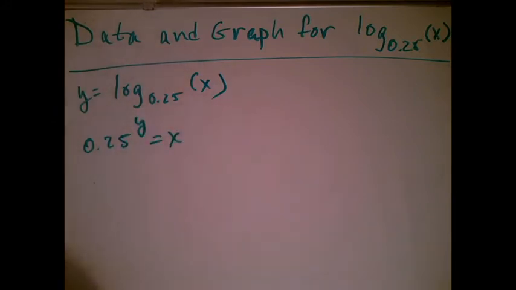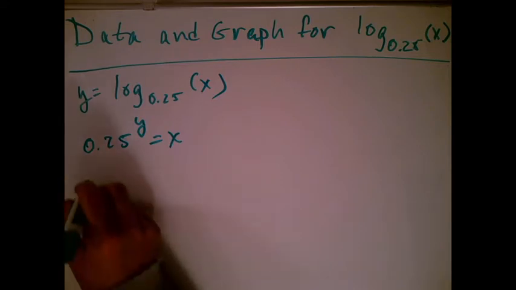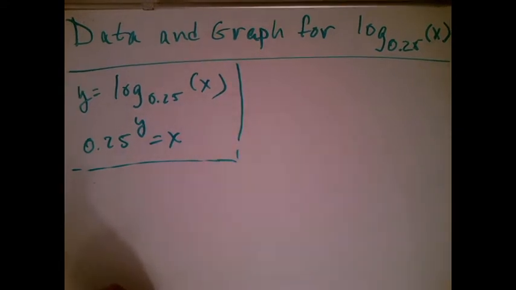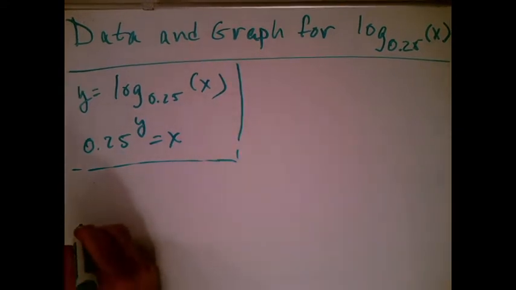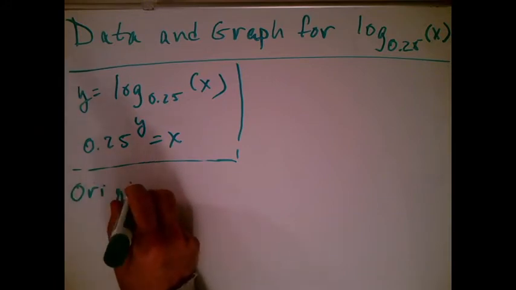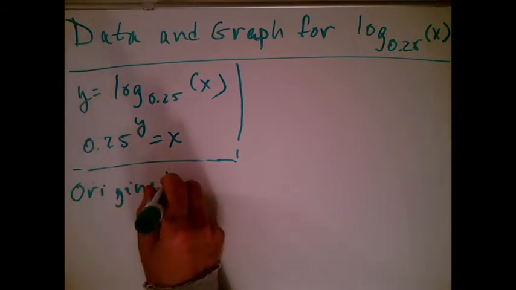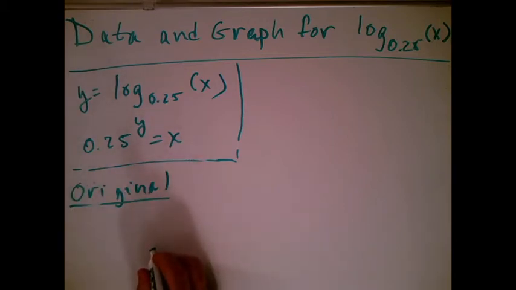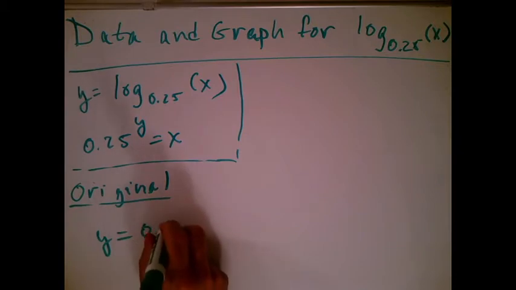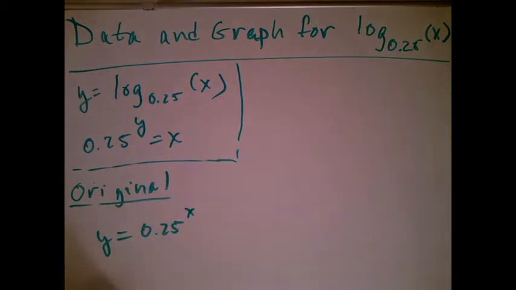That's still the logarithm function, but what we want is to go back to the original exponential function. Now the original exponential function is what you get when we switch the x's and the y's. So let me write original right here, and write down the original. What I'm going to get is y equals 0.25 to the x, like that.